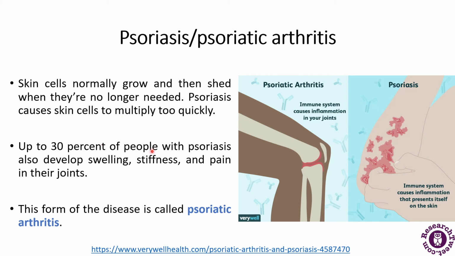Up to 30% of the people with psoriasis also develop swelling, stiffness, and pain in the joints. So this is a form of the disease. You can see in the figures the condition of the skin and the condition of the joints in both cases.